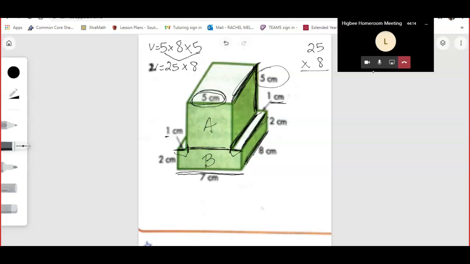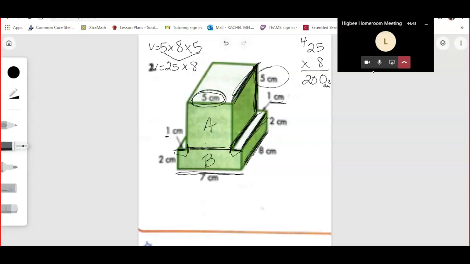What's 8 times 5? 40. What's 8 times 2? 16. Plus 4, 20. So I'm saying that A is 200 cubic centimeters, right? Anybody have questions on that one?